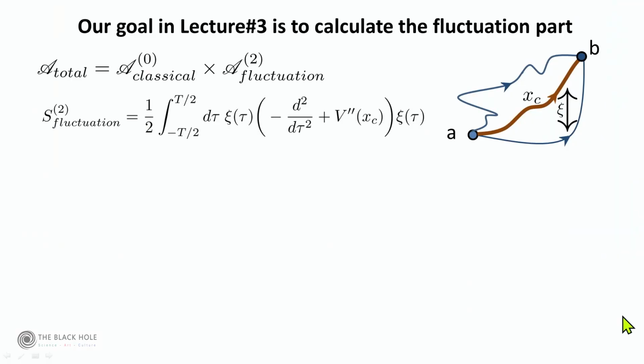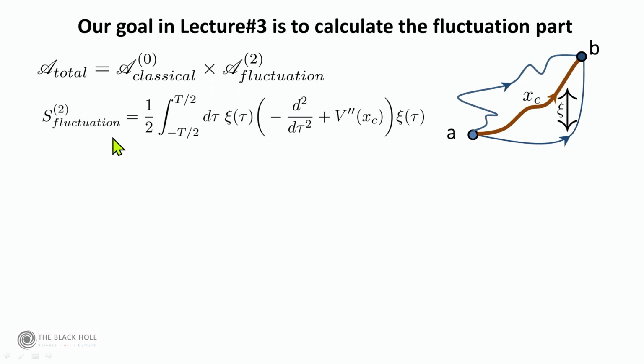Okay, so here is where we are. The total amplitude to go from A to B, and remember, we start at time minus t over 2, and we end at time plus t over 2. The amplitude gets split into two parts, that is the 0th level, that is the classical amplitude, times the fluctuation part.